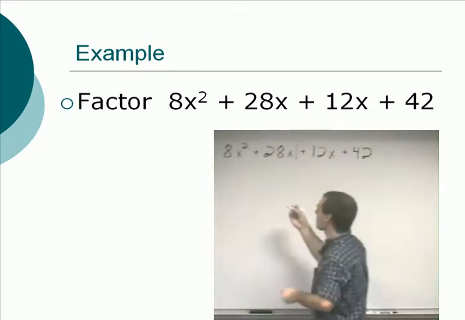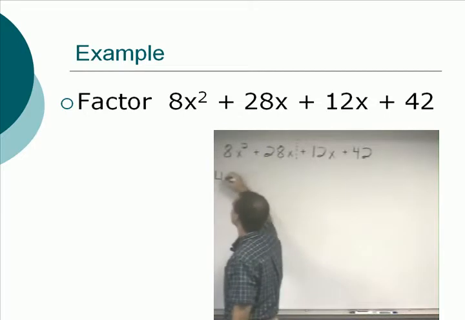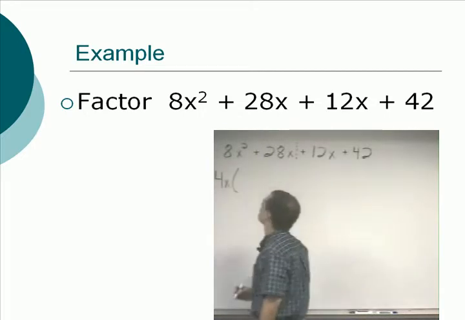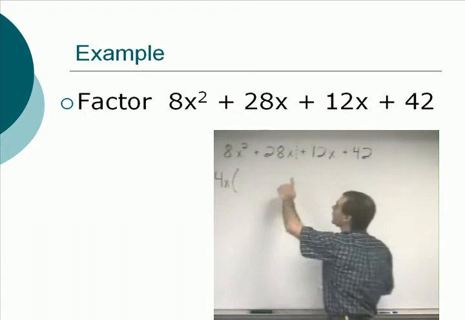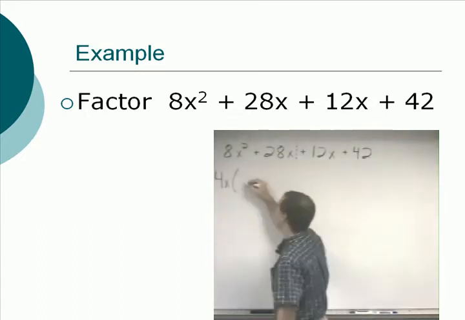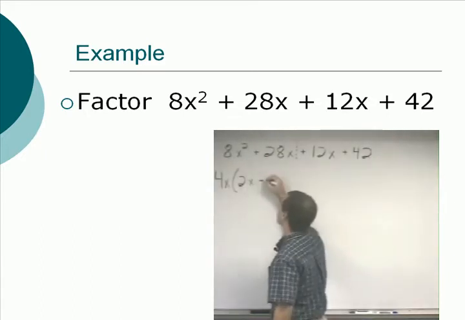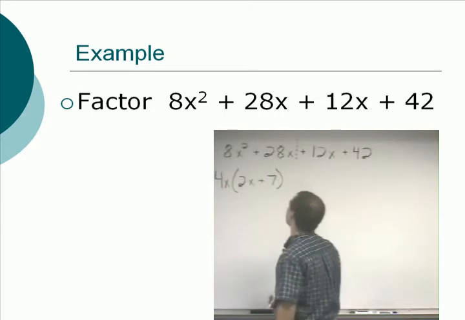Okay? Now let's factor the left half. We can factor, as you said, 4x out of the left two terms, and we get 4x times, if we factor that out of these two, we're left with 2x plus 7.